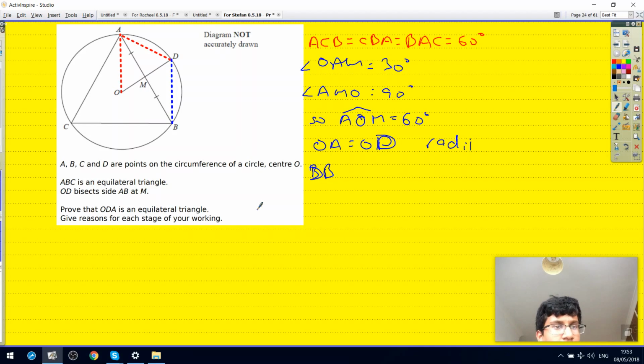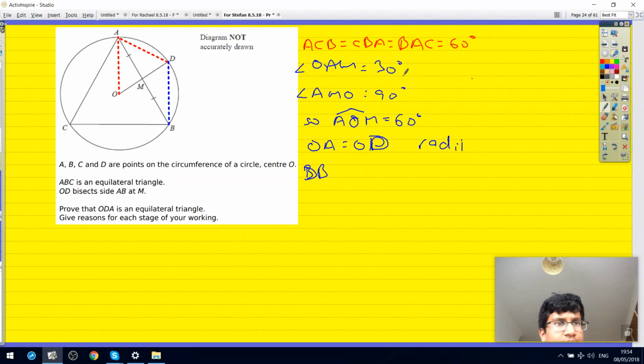And what about that? Because they're the same length. And well, we know that OB is another radius. What do you think I should do here?